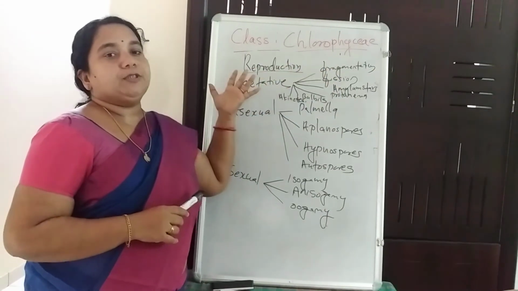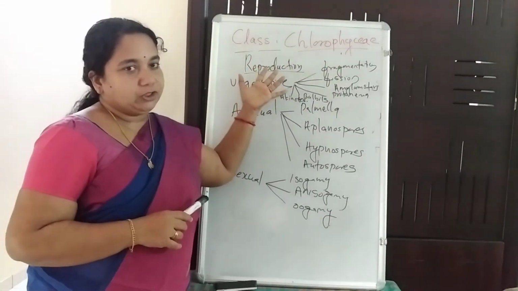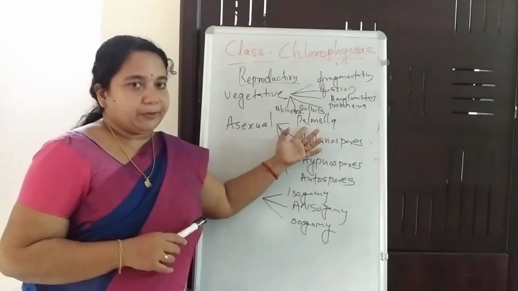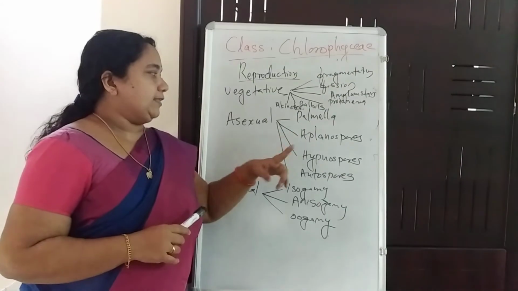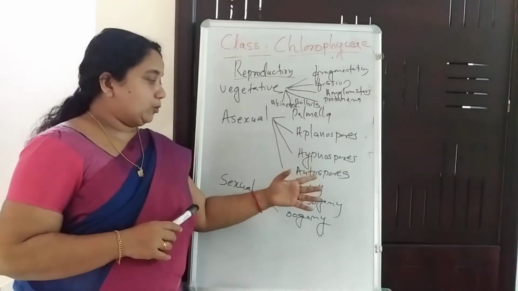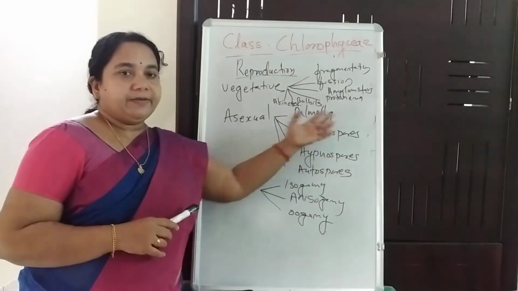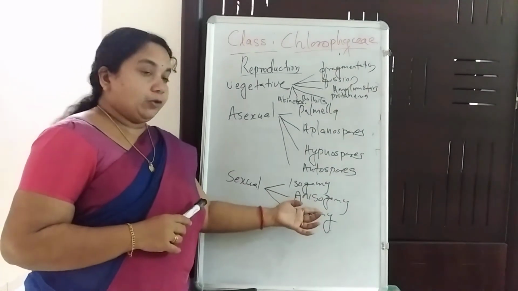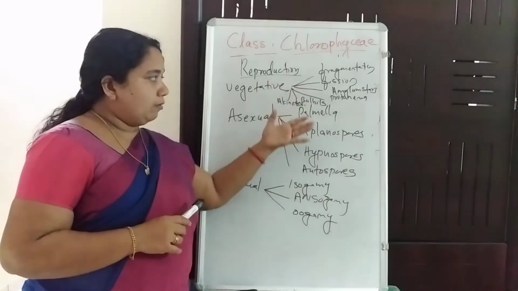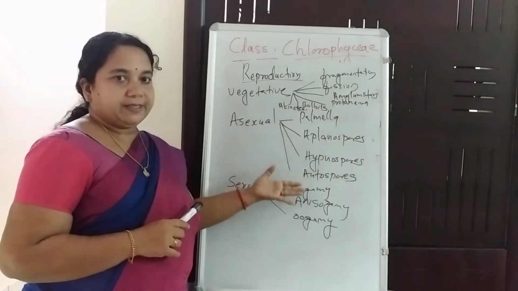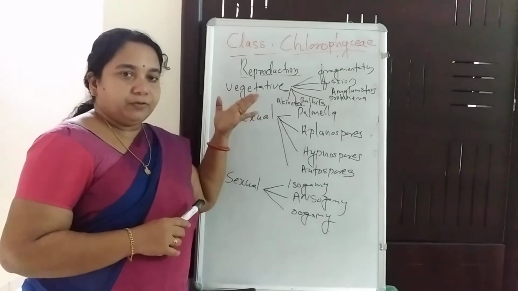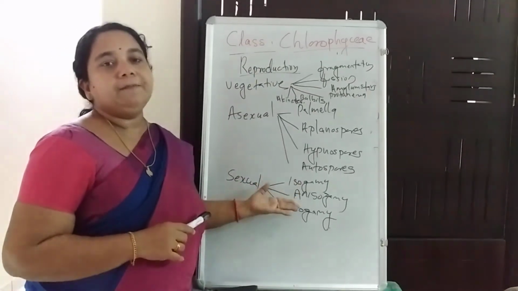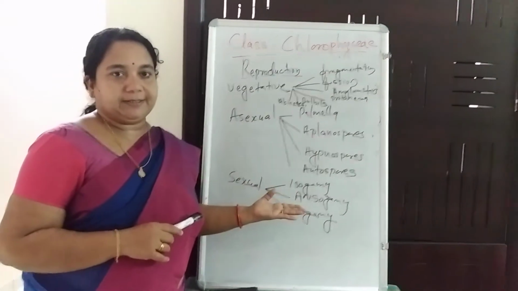These different types of vegetative reproduction are also noted in Chlorophyceae. And also the different asexual reproductive methods are palmella stage, aplanospores, hypnospores and autospores. When we deal with the sexual reproduction in Chlorophyceae: isogamy, anisogamy and oogamy. These are all detailed, you go through the previous slide and identify it. But you have to know that these are the different types of reproduction noticed in Chlorophyceae species.